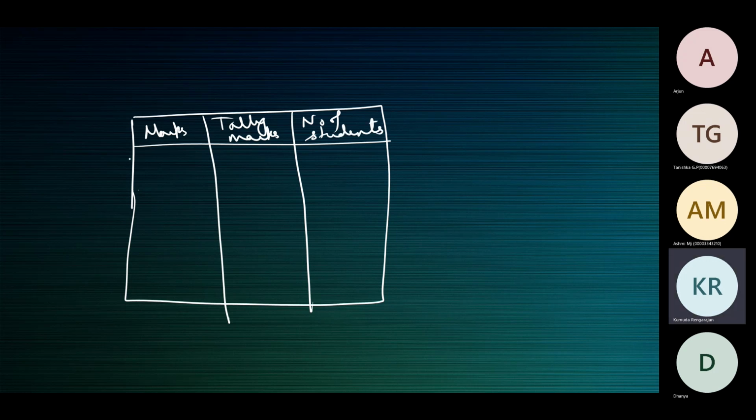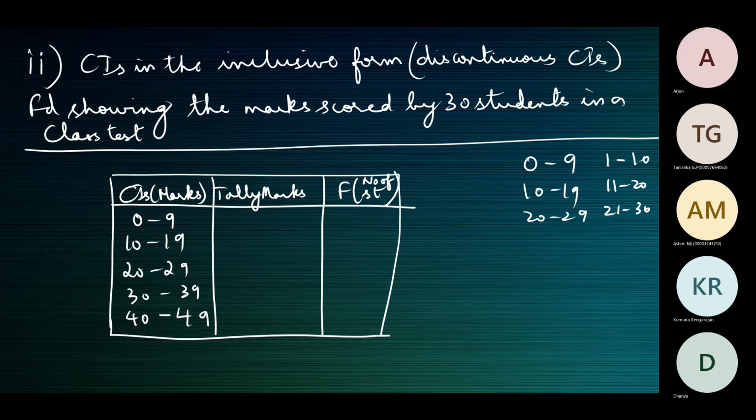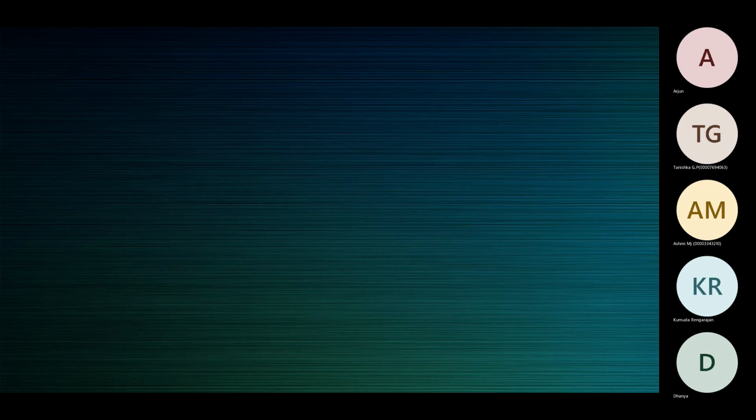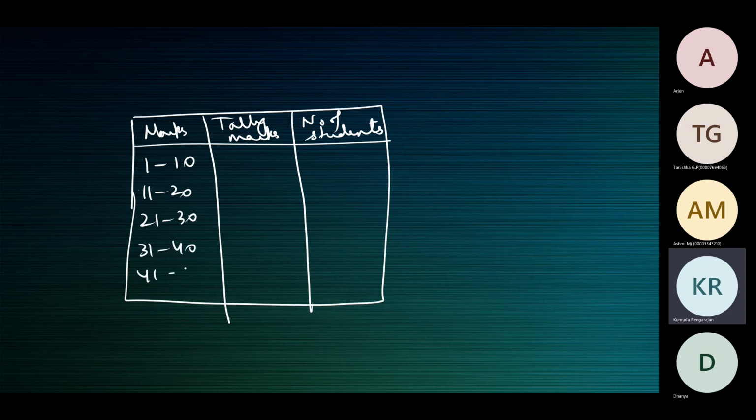So what did we do here? 0 to 9. You can also do 1 to 10, 11 to 20, 21 to 30, 31 to 40, 41 to 50.